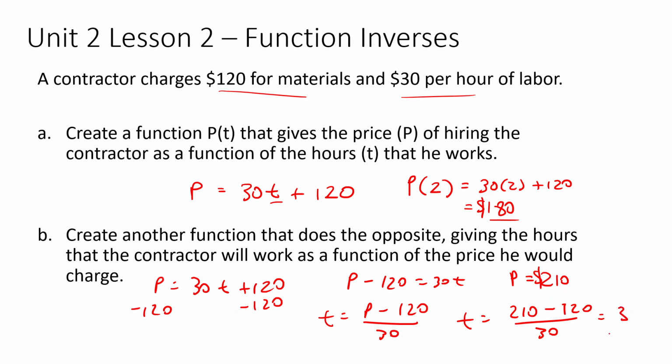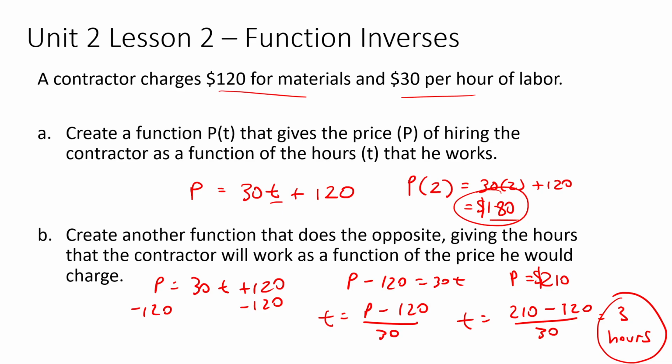Now, the result here is in hours, whereas before the result was in dollars, as a price. And so by reversing the function, we've reversed the role of the input and output. Instead of plugging in time and getting a price, we plug in a price and we get a time.